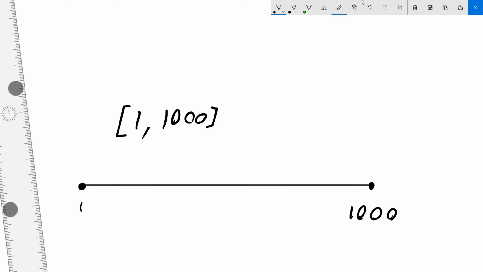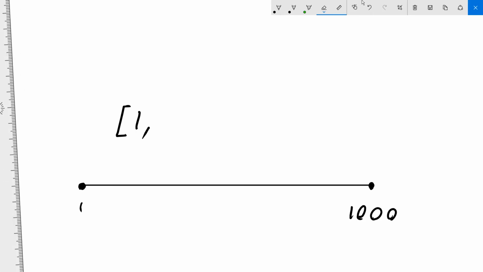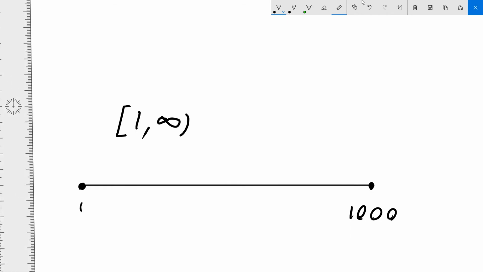Alright, let's think. What if we want to say all numbers just greater than 1? Then we can write infinity, and we use a different bracket, because infinity isn't a number, so we can't include infinity. So we change our number line to suit.